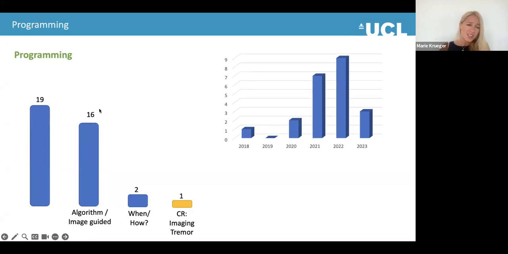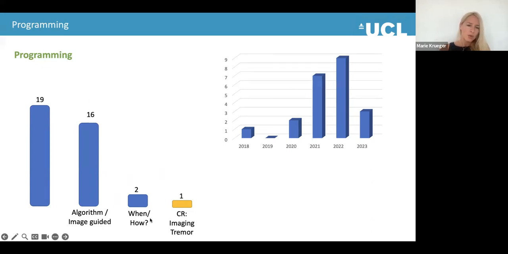And 16 are looking at image-guided programming and how to use algorithms. So a lot on programming. And if I remember correctly, only 17% were actually using images. So there's a big discrepancy between who's actually using images and how much is published on this topic.